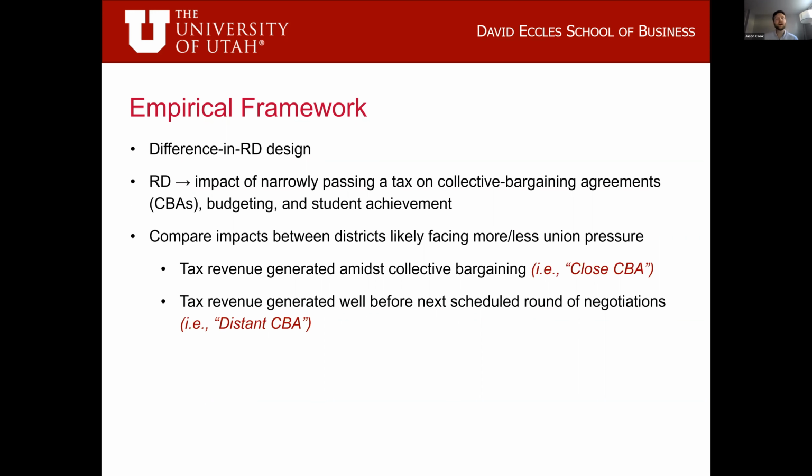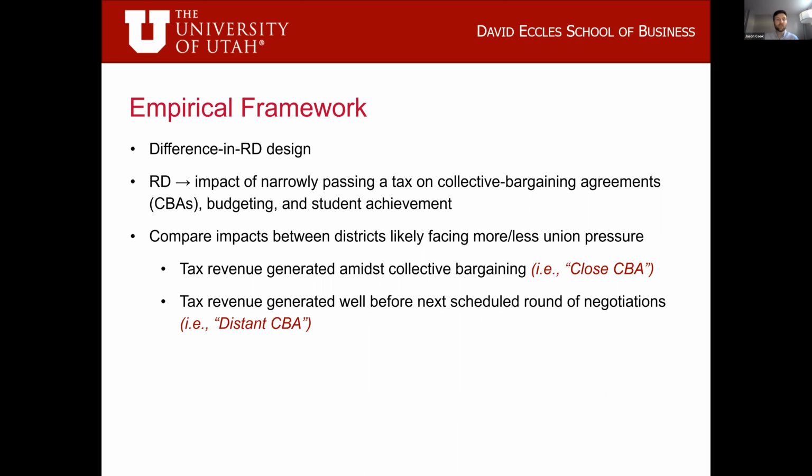Okay, so the idea is we're going to be comparing districts that we think are facing more or less union pressure. And we're going to say that tax revenue that's collected through this exogenous process, you narrowly pass a referenda to get extra resources. If you do that right before you're about to go up for collective bargaining, we're going to call you a close district, a close CBA.